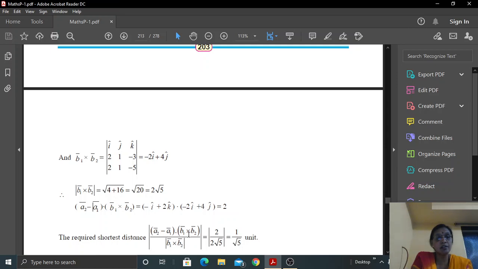The numerator is 2, and the denominator, the magnitude of this, is 2 root 5, which gives 1 upon root 5. Here the 2 cancels. Therefore the required shortest distance is 1 upon square root of 5 units.